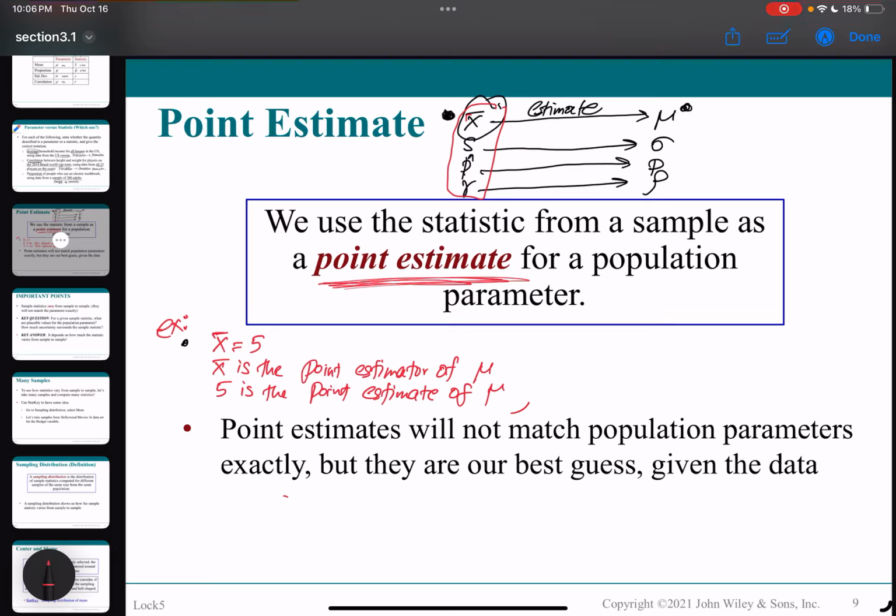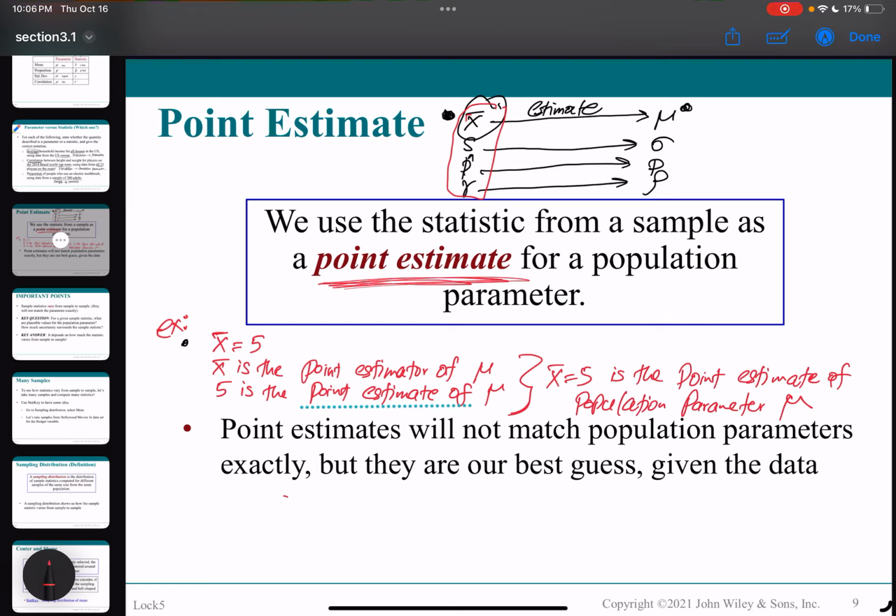All in all, we can say x bar equals 5 is the point estimate of the population mean, or population parameter mu. You don't have to mention population parameter; you can simply mention mu. That's okay.